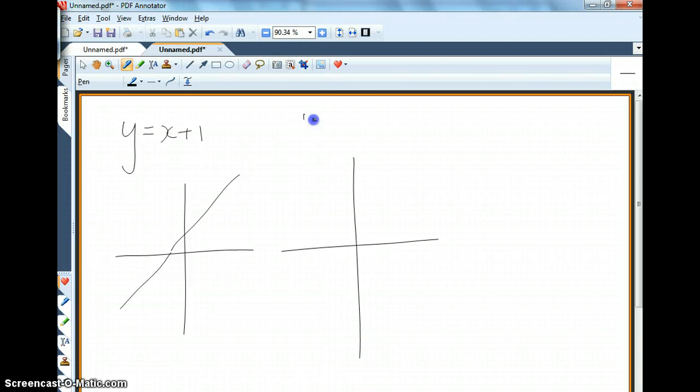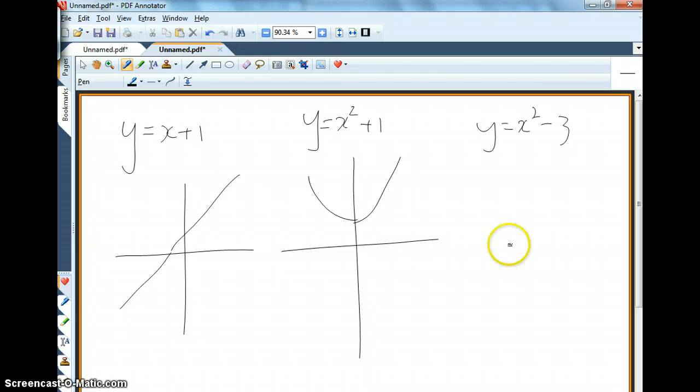It's the same as if I did x squared plus 1, the whole graph shifts up 1. Or if I did x squared minus 3, say, what's going to happen now? The whole parabola will move 3 positions down to here.